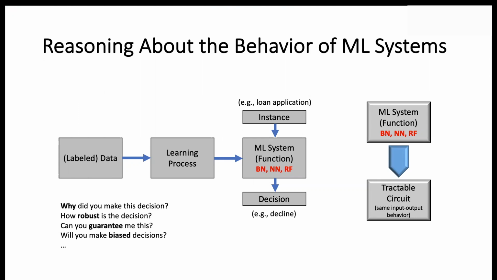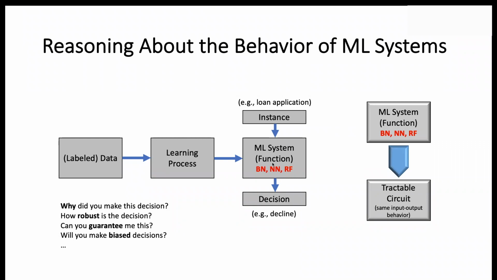As you may know, a lot of what's happening today in AI is based on what we would call machine learning systems, and these tend to be classifiers, meaning they take an instance and render a decision on it. These classifiers can take various forms. They could be Bayesian network classifiers, neural network classifiers, or random forests. These are very well-known types of classifiers.